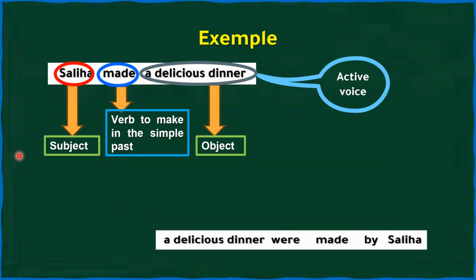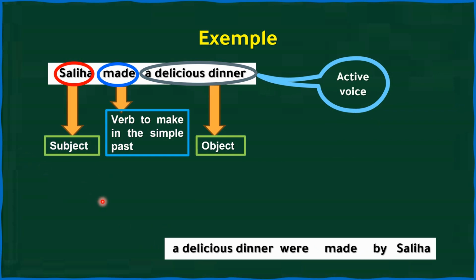In the passive form, look at the changes. The object becomes in the place of the subject, and the subject becomes in the place of the object. There is a kind of change. In the passive voice we always add the verb to be.